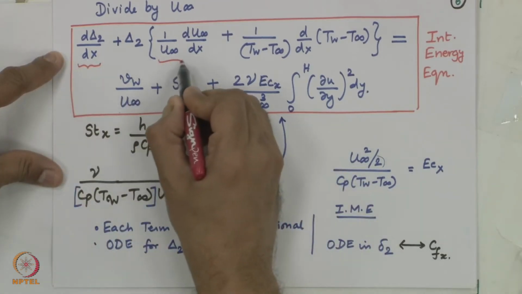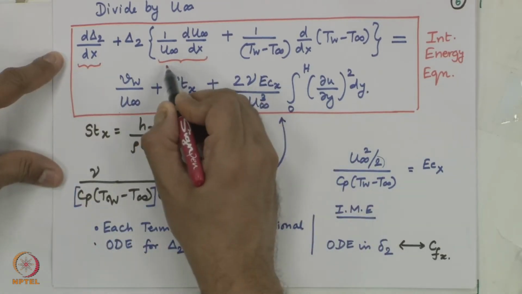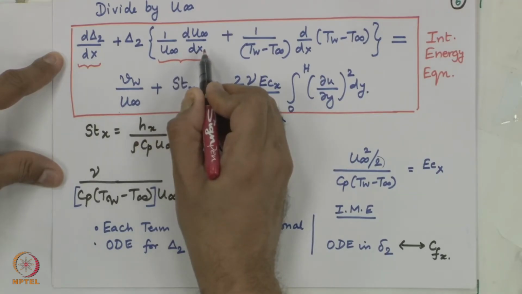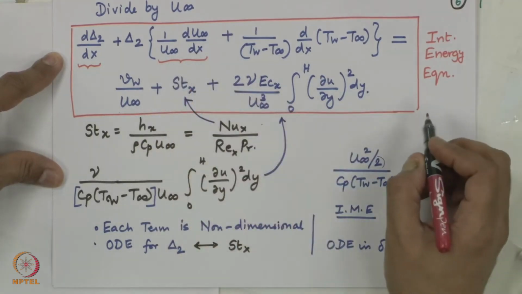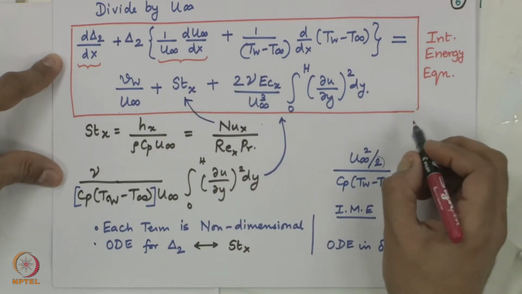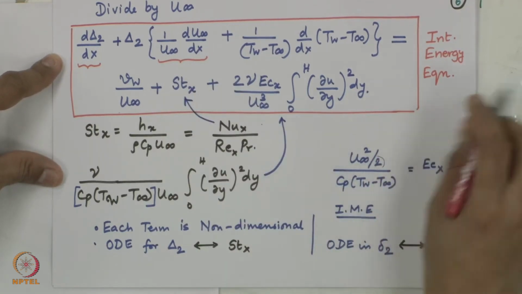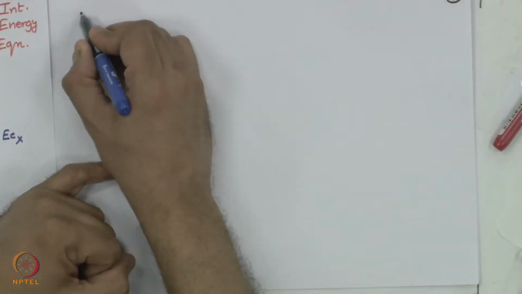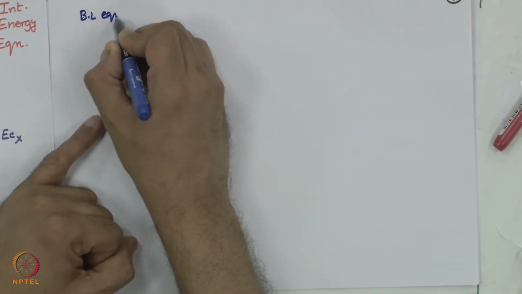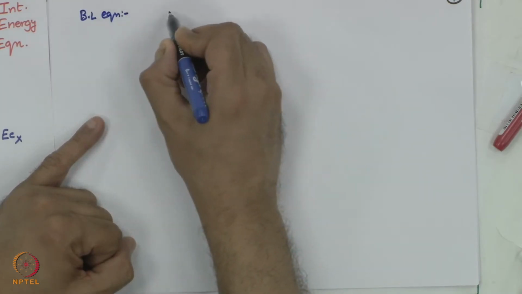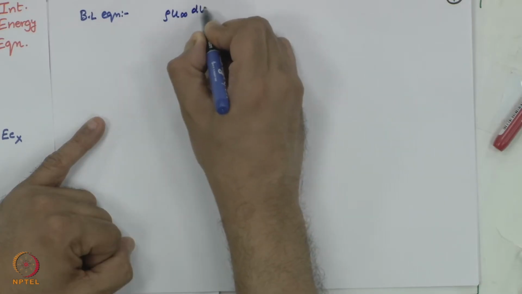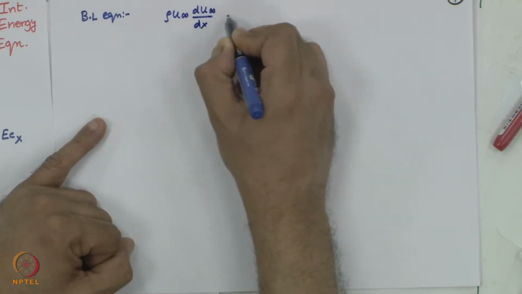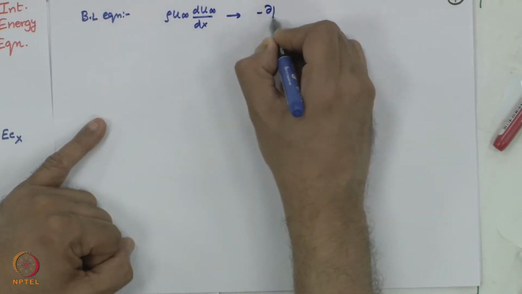This term is because of the variation in the free stream velocity. If you go back to your boundary layer momentum equation, there was a term for the pressure, which would have been shown to you in the earlier module. So, rho u infinity du infinity by dx is nothing but minus dp by dx.